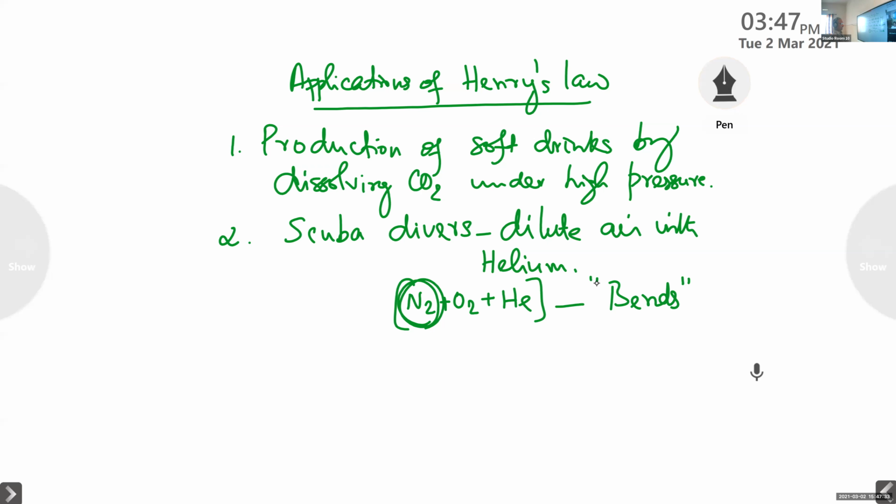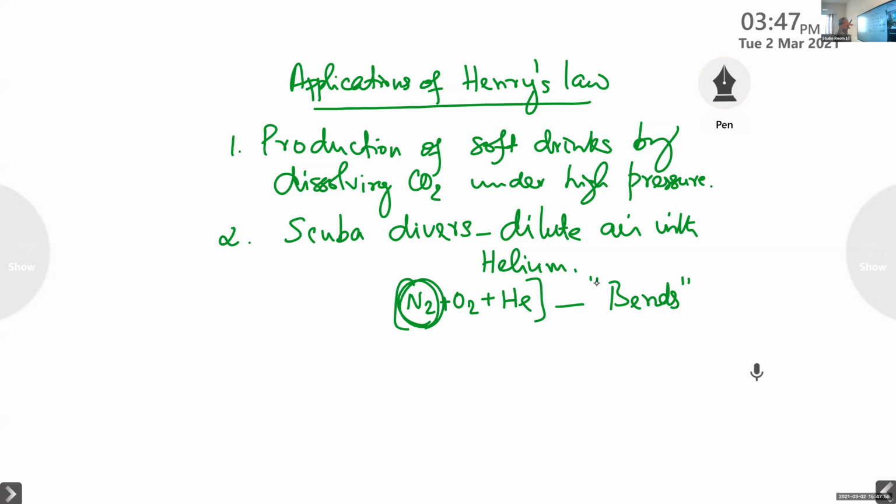So the scuba divers will use air diluted with helium to avoid the problem of bends, that is, the severe pain produced due to the formation of nitrogen bubbles in our veins.